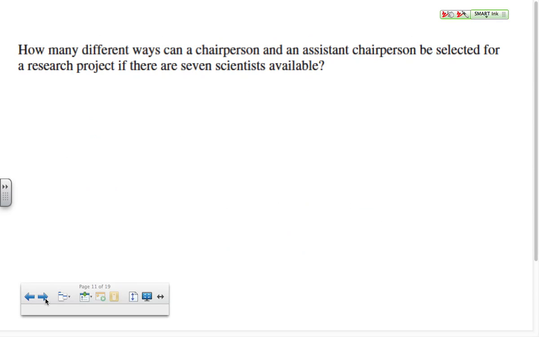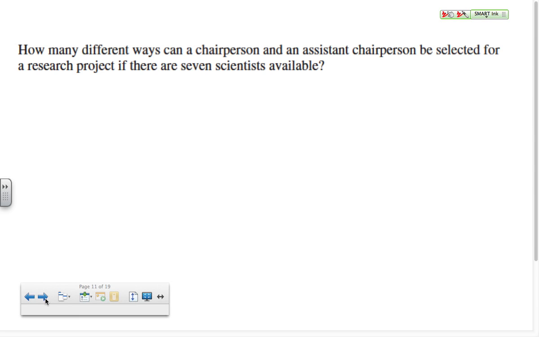So I have 7 scientists, and I have a research project where I need a chairperson, an assistant chairperson, and something else, I think a director. This is covered up, I can't move that, sorry. Let's do it with 2, because I can't see that other part.